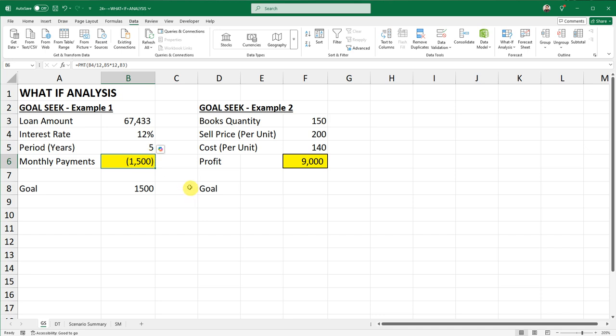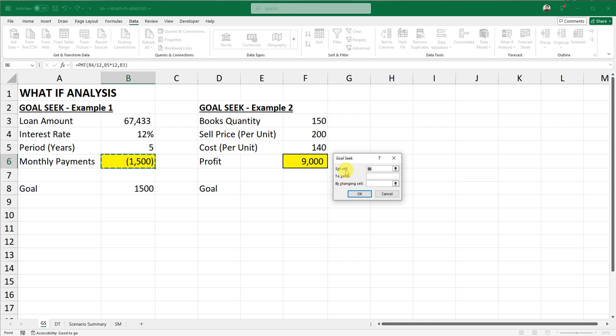For example, if you pay more, if you can pay 3000 as your monthly payment and you want to know how much loan you can acquire from a bank, you can also do this via the Goal Seek feature. Same method. We go to What-If Analysis, click on Goal Seek.